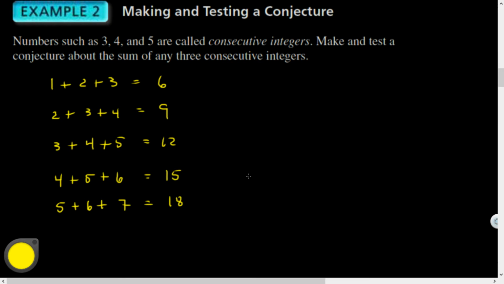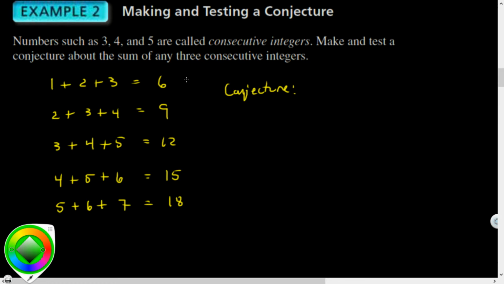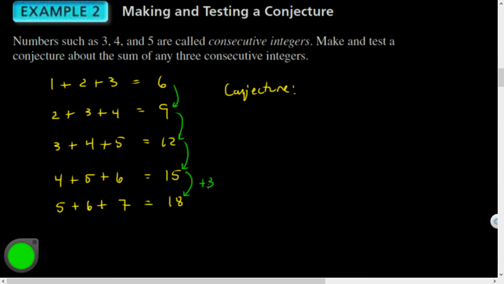Okay. So what's your conjecture? Now you might notice a relationship between these. What was this increasing by repeatedly? There we go. These were repeated plus 3.